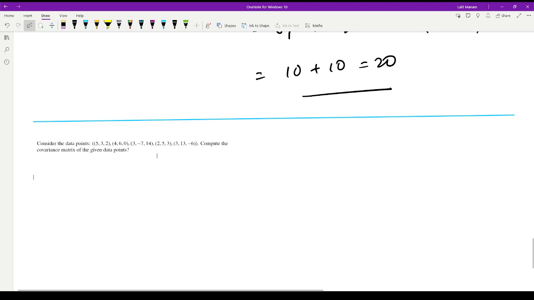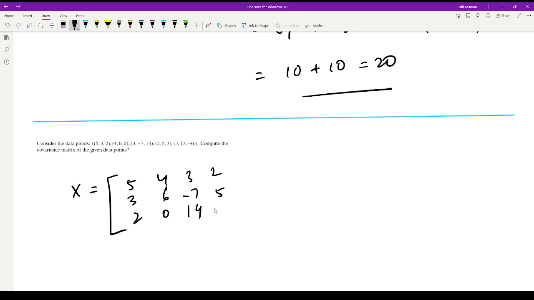We have five data points given to us, and we need to compute the covariance matrix of this. We'll change the notation a bit here: we'll represent each column as a data point rather than each row as in the previous section.